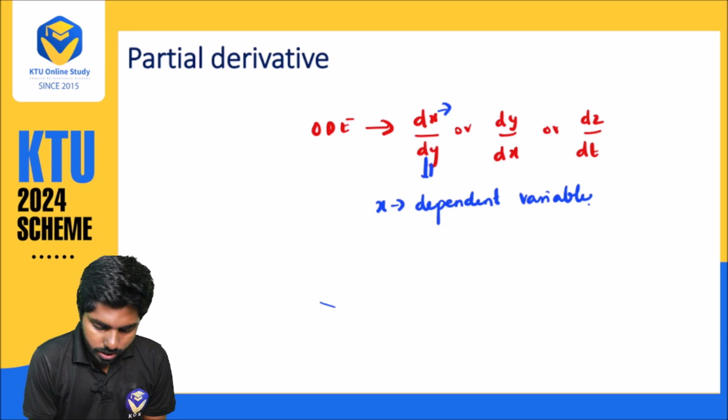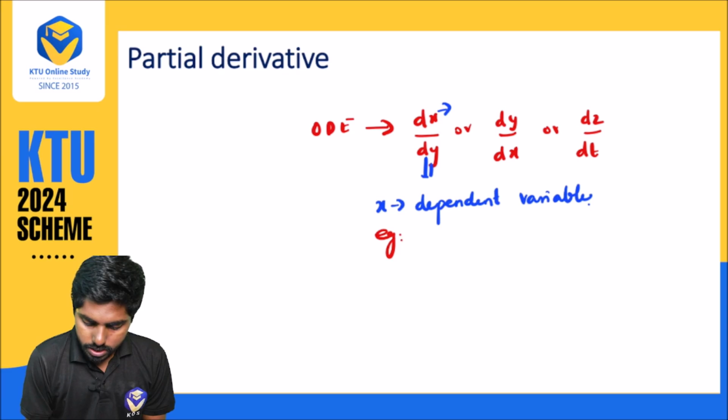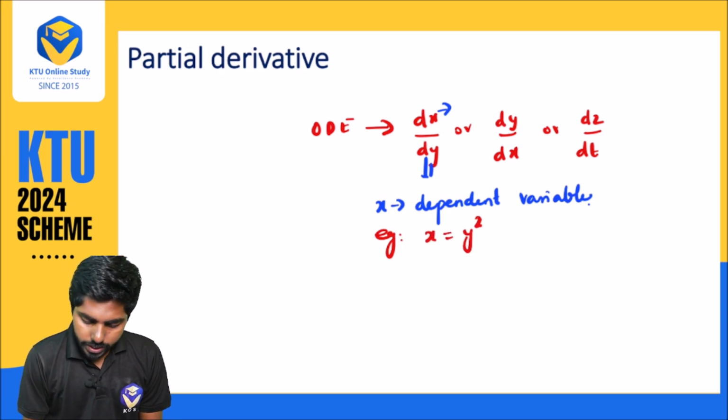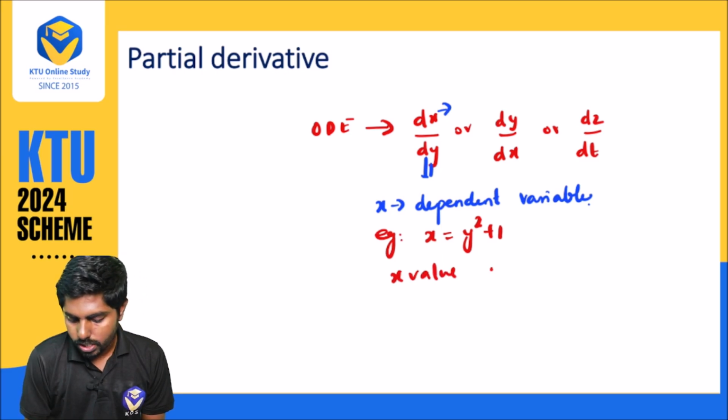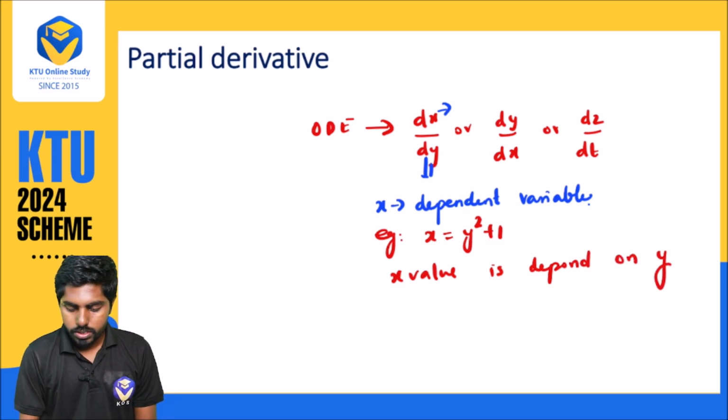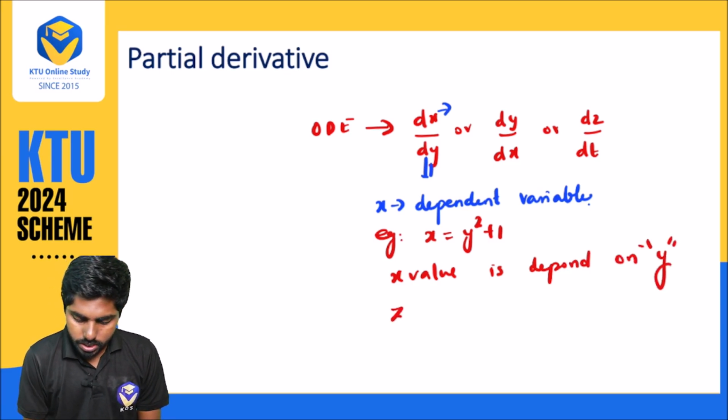Example, I can say y is equal to x square. Another example we can write: x is equal to y square plus 1. So the x value depends on y. Similarly, z is equal to t cube plus 1.